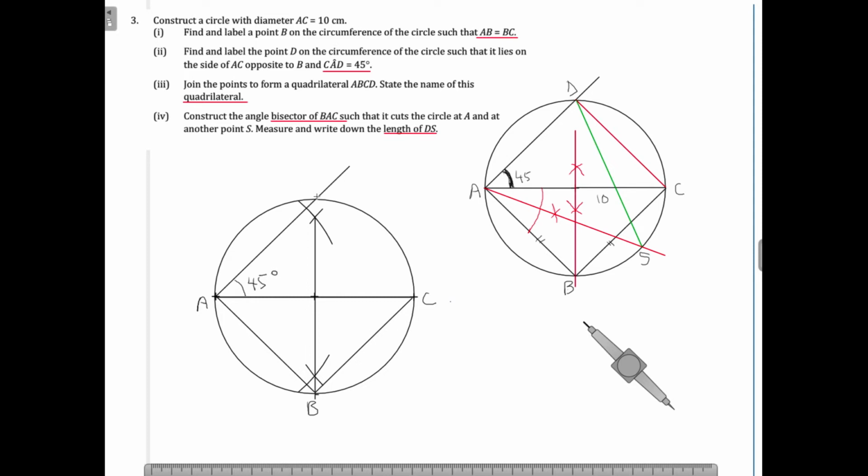And this is the point D. So CAD is 45 degrees.